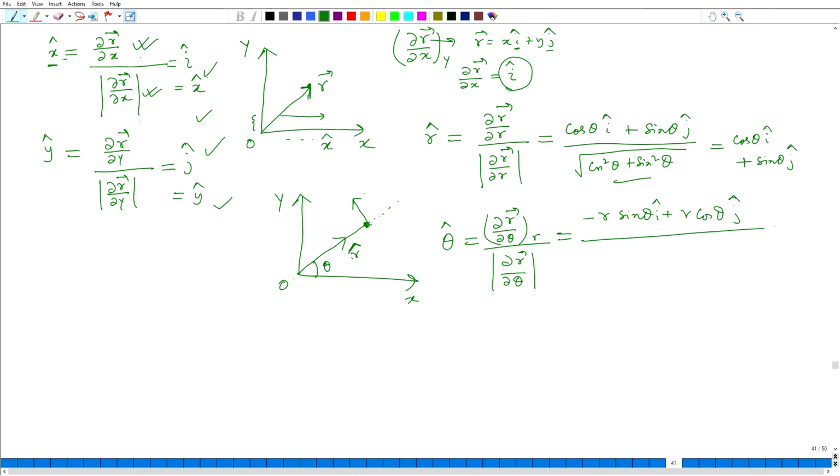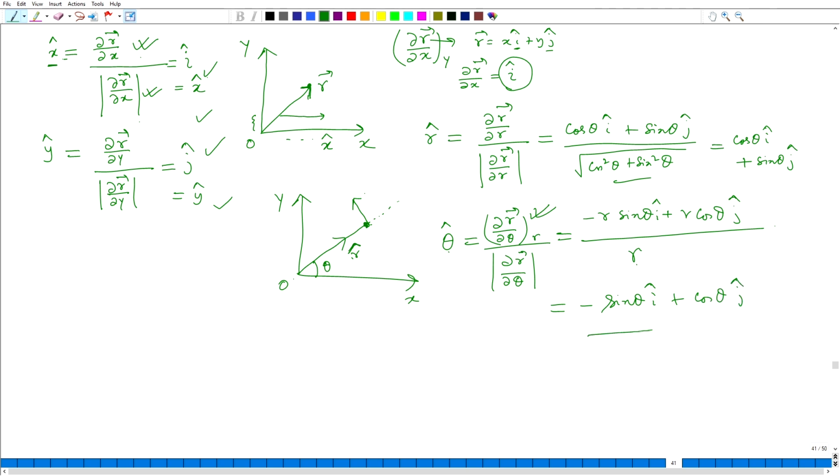The modulus of this vector has magnitude r, because it is the square root of r square sin square theta plus r square cos square theta, which is r. That is why theta cap is minus sin theta i cap plus cos theta j cap.